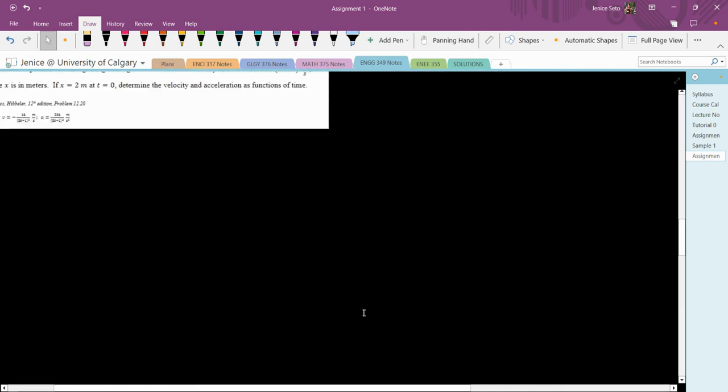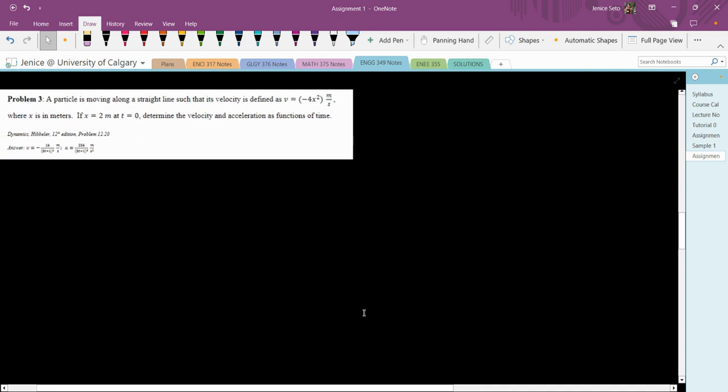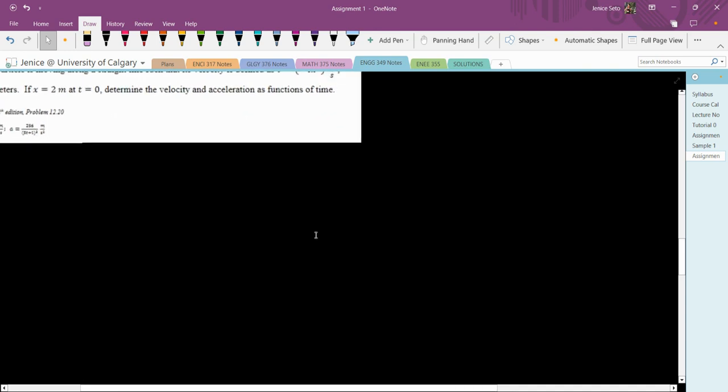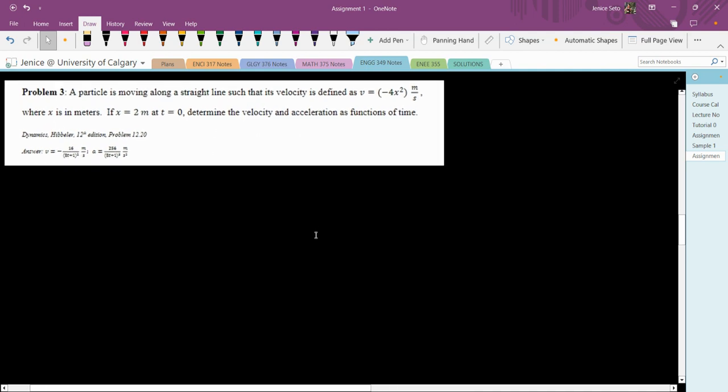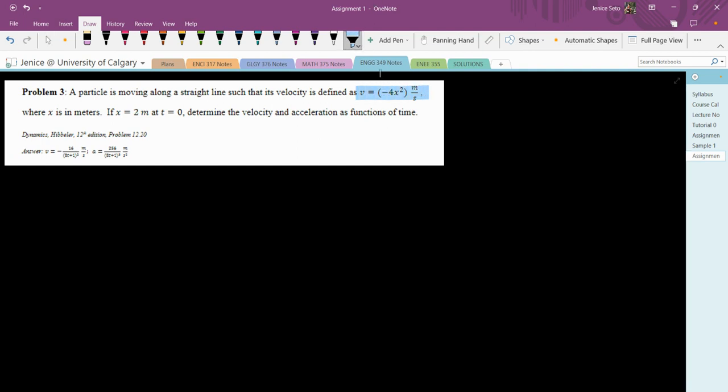Okay, so something a little different now. For question 3, also a problem that doesn't have constant acceleration, where velocity is given as a function of position, of x. And it wants us to transform to find velocity and acceleration as functions of time.